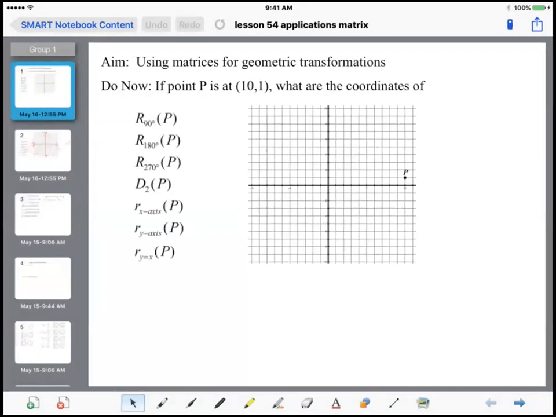There are all kinds of transformations, but here are 7 of the most common: rotating by 90 degrees counterclockwise, rotating 180, 270, some kind of dilation, and reflecting over the x-axis, the y-axis, and the y equals x line.